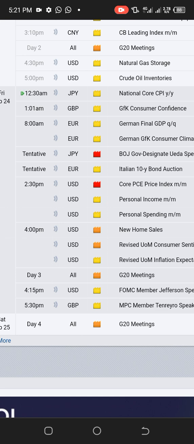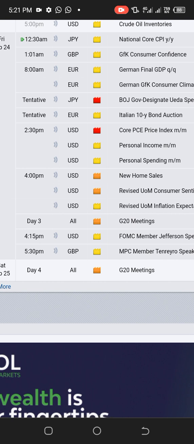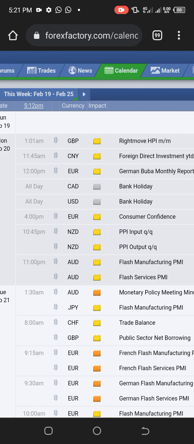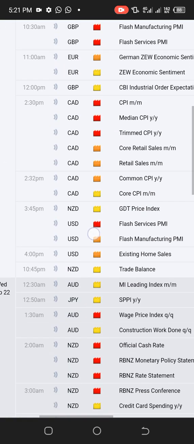While the ones that come with orange color, just like the USD here, new home sales, are known as medium impact news. Remember the red one, high impact, that's why it's red. The USD, medium impact. While the yellow ones are low impact news. While the white ones, look at the white ones, show no impact at all.